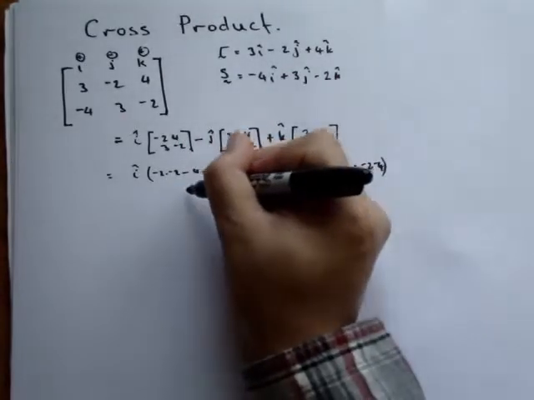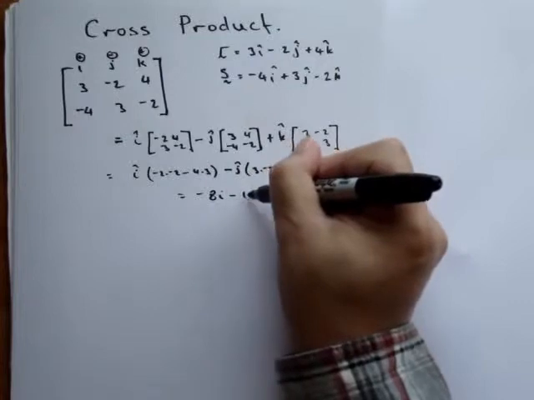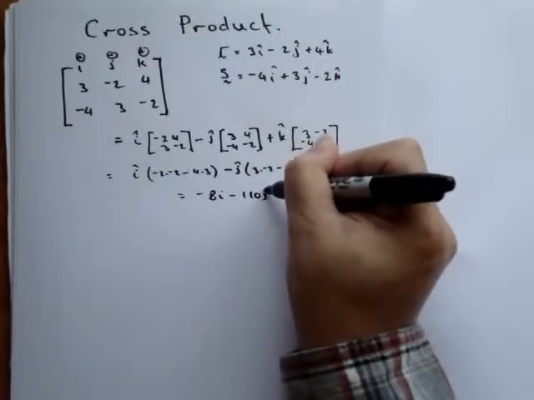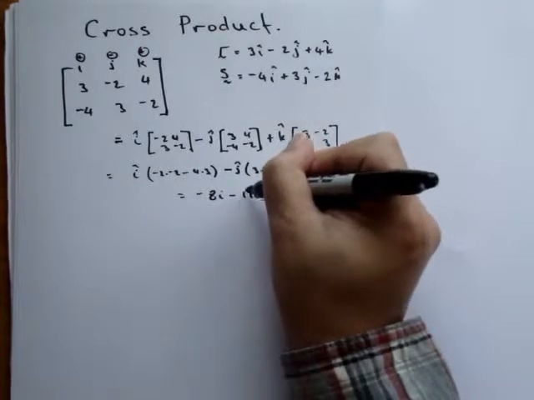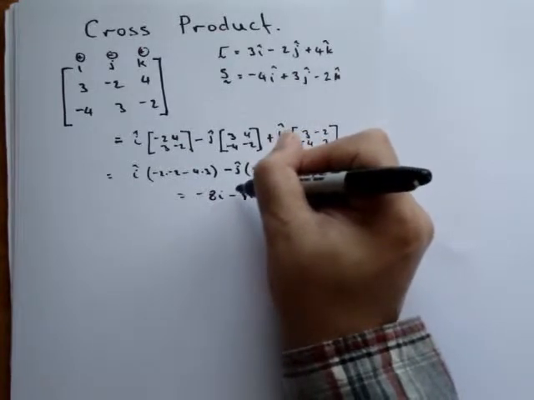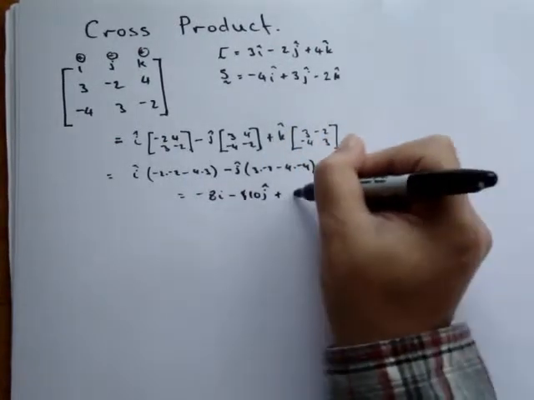When we work that out, this is minus 8i minus 10j, so that should be just minus 10j. I don't know where that one came from. And plus, this becomes k.